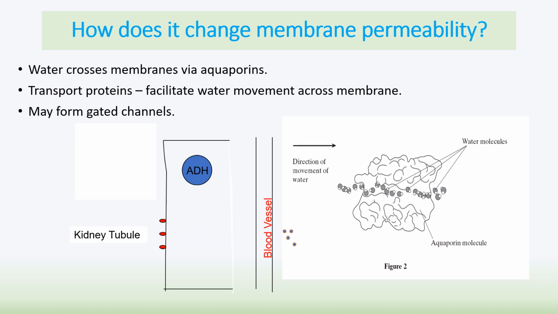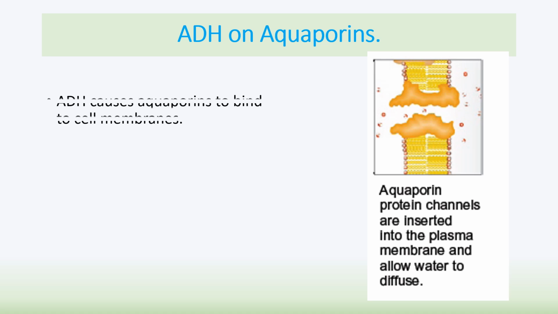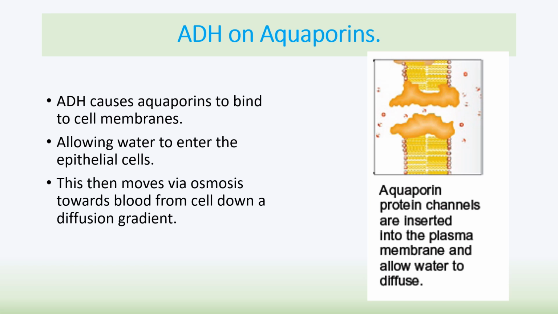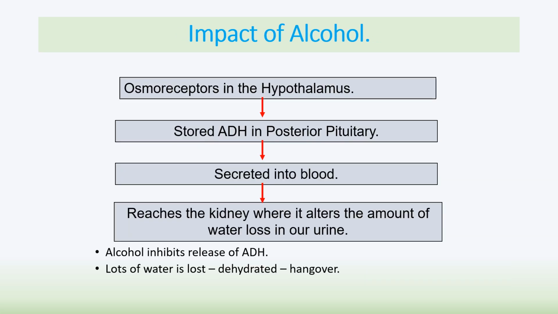So you reabsorb more water with ADH into the blood, so your urine becomes highly concentrated and low volume. And again, it's a different way. ADH causes aquaporins to bind to membranes again, allowing water to enter the epithelial cells, and then this moves via osmosis towards the blood down a concentration gradient.